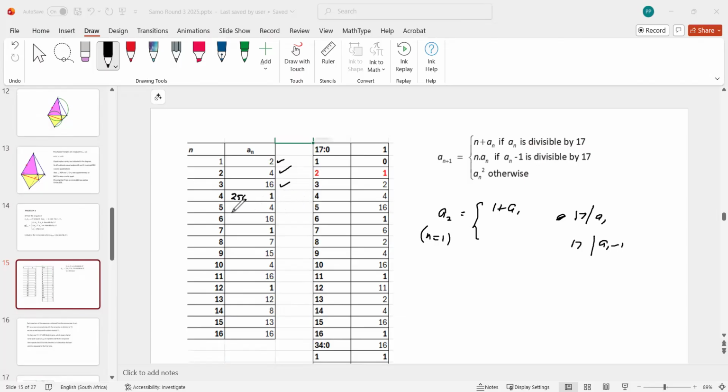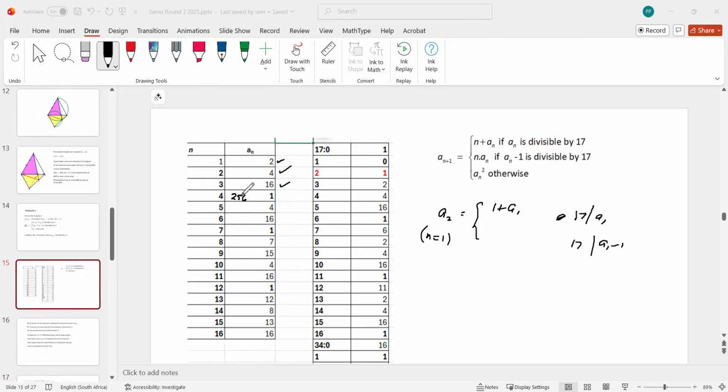As I said, now you write down the remainders on dividing by 17. Otherwise, these numbers become very clumsy, unwieldy is the word.